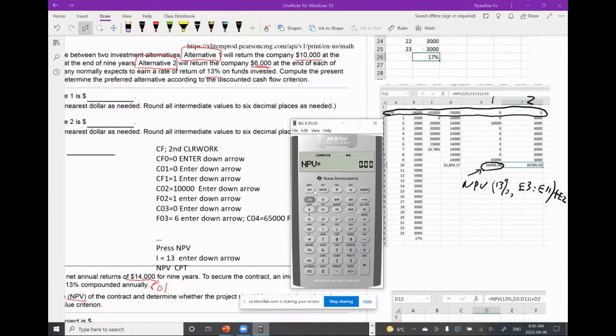The last step, you press compute. So you get a net present value of $29,468.98. So those are the detailed instructions for the calculator. Any questions?